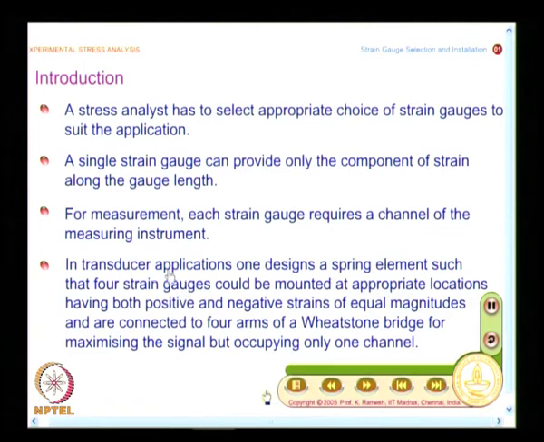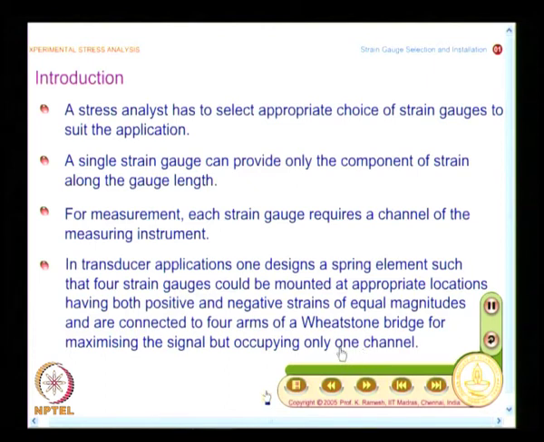So, in transducer applications, you have a situation where you maximize the signal by connecting 4 strain gauges, but it occupies only one channel of your measurement system.